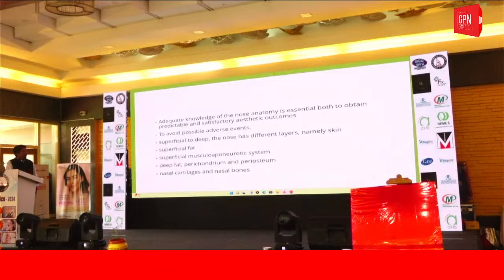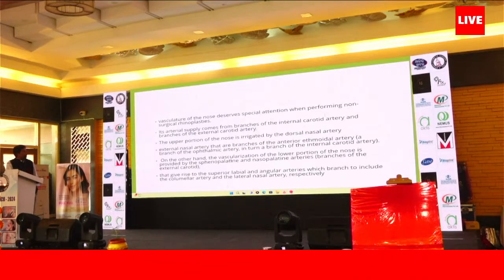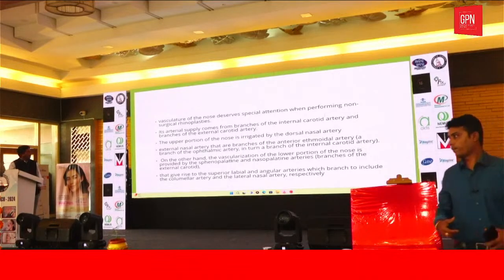Adequate knowledge of nose anatomy is essential, and to avoid a possible adverse effect, keep the emergency kit ready if anything happens. The nose has different layers from superficial to deep, which I already discussed. The vasculature of the nose deserves special mention.